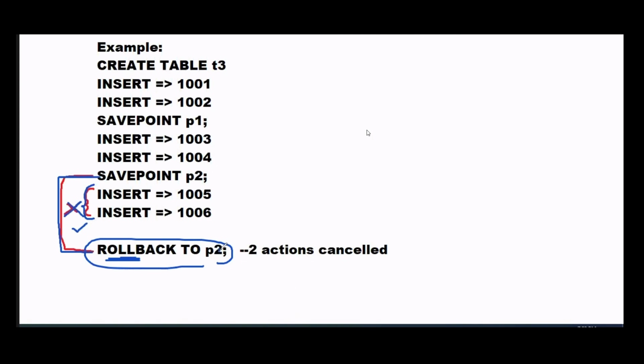Suppose if you write roll back to P1, it means from this rollback till this P1 point, whatever actions are in the middle, all these actions will be cancelled. That is the meaning of this. Roll back to that point: from this rollback till that point, whatever actions are there in the middle, all those will be cancelled.